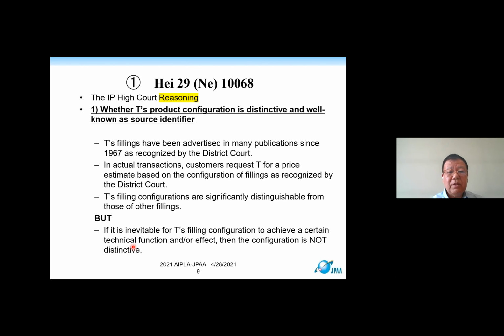And Tsukishima's filling configuration is significantly distinct from other fillings. Those factors support Tsukishima's position, but if it is inevitable for Tsukishima's filling configuration to achieve a certain technical function, then the configuration is not distinctive.